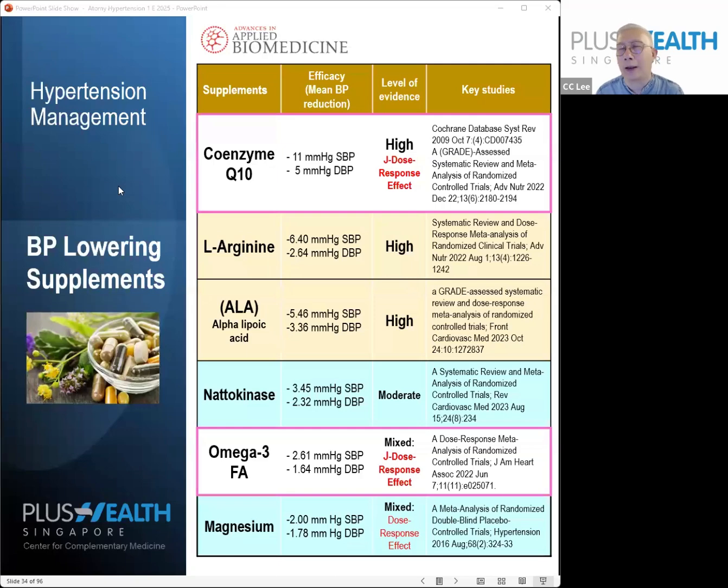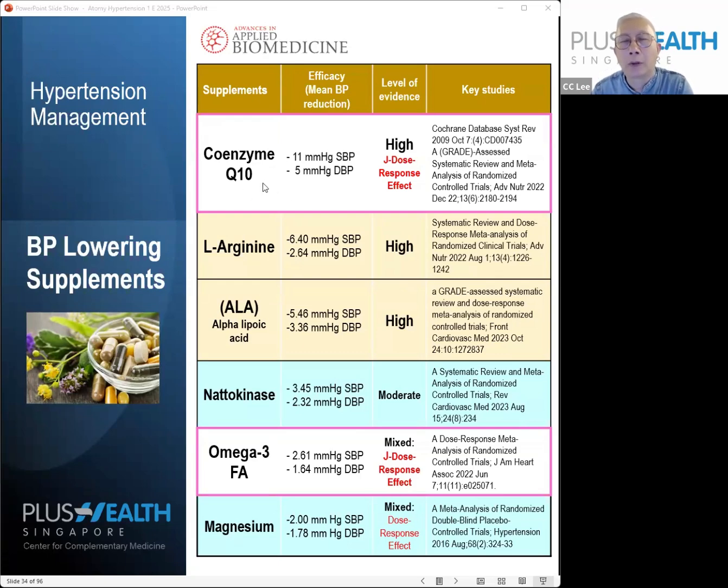Okay, now what are the supplements that are effective and that we can use for people who are suffering from hypertension? I think this probably is the juice of the whole seminar. Right, you can see from here that they are ranked again in order of potency.